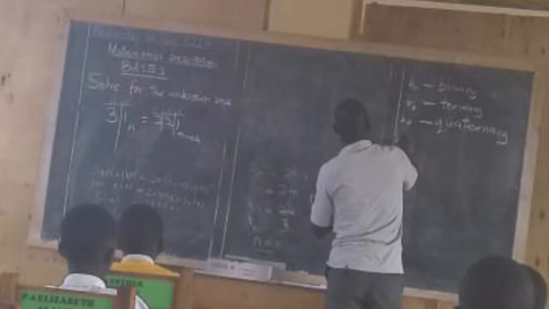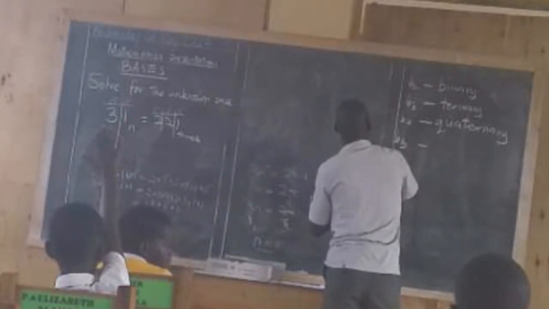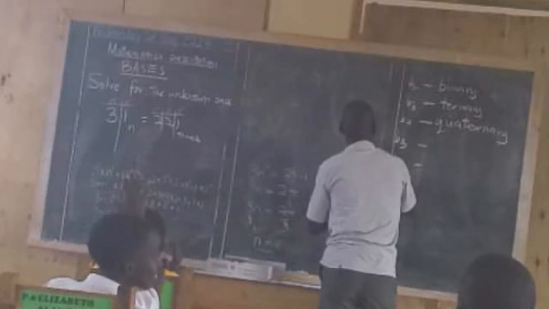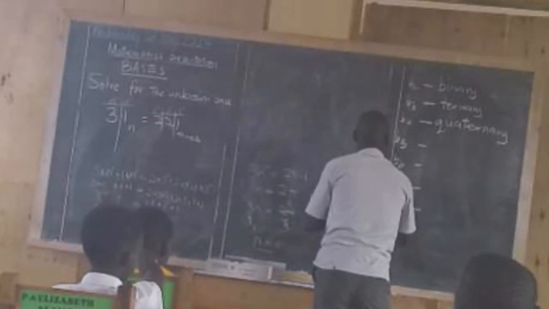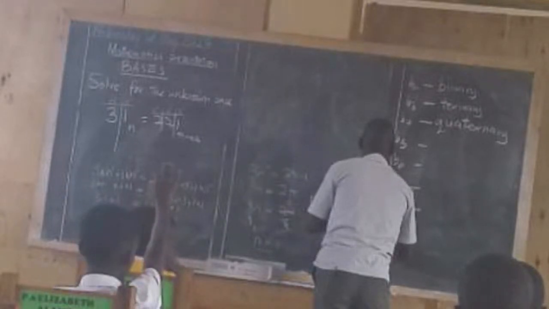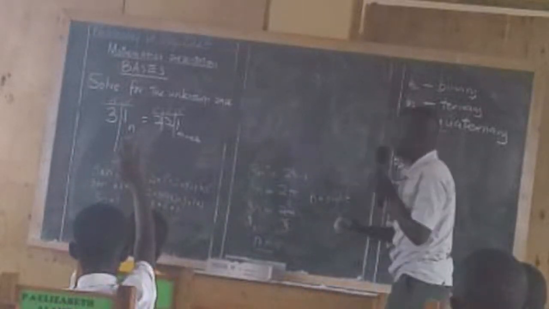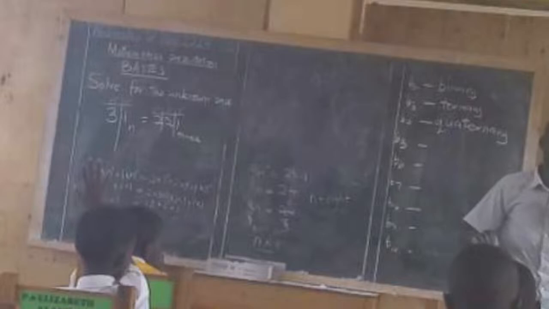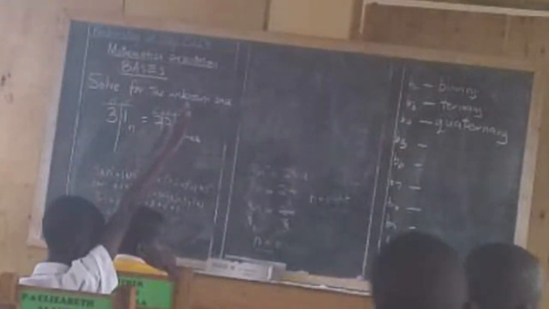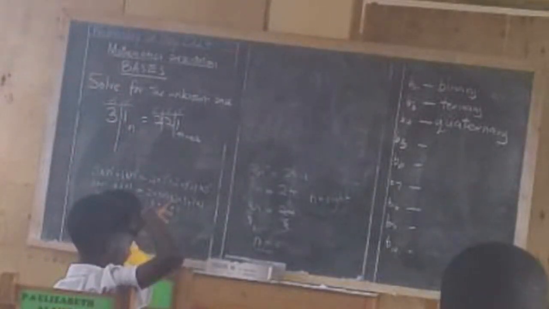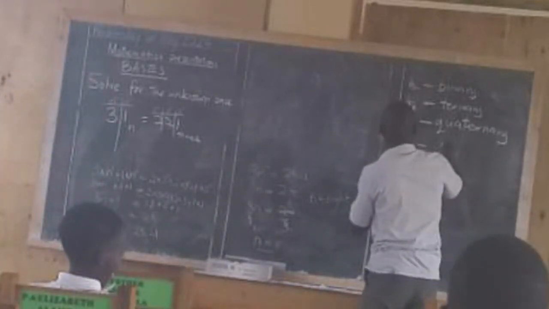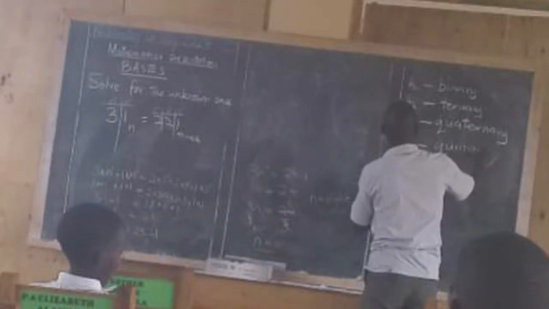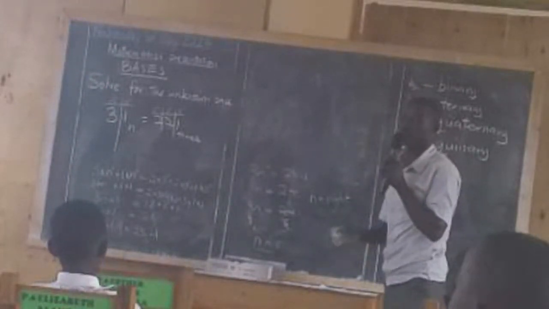Base 5, base 6, base 7, base 8, base 9, base 10. Base 5. Quinary. Is she correct? Base 5 is quinary. Base 6.